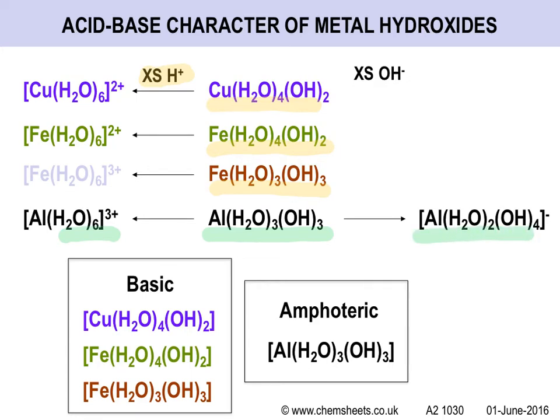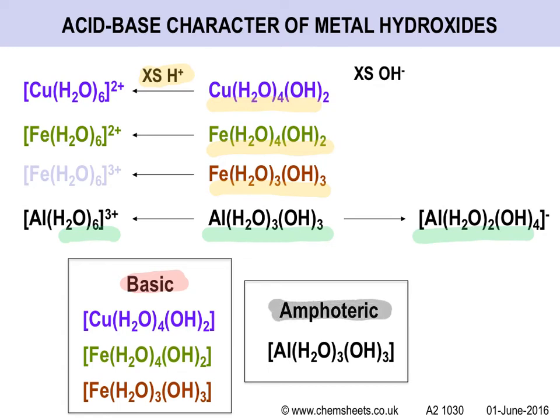So what this is highlighting is that the transition metal complexes, when they're in a precipitate form, can act as bases because they can accept H+ ions. In the case of the aluminium precipitate, and this is something you saw in the oxides topic, aluminium can act as both a base and an acid, so it can accept protons or it can donate protons, so it is amphoteric.